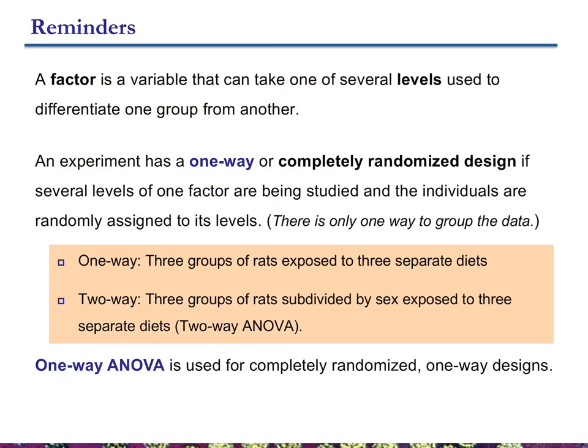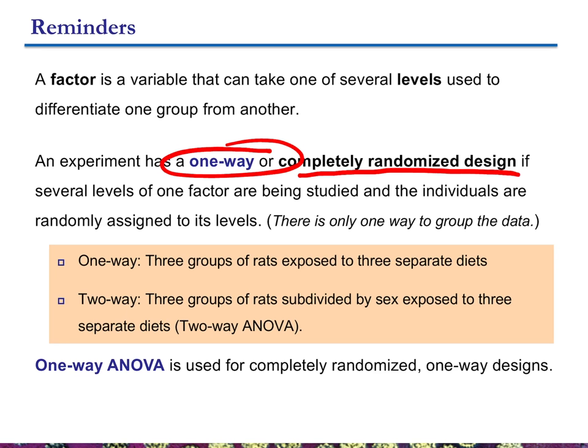So our factor was diet with 3 different levels, okay? In analysis of variance, when you have only a single factor that's split into multiple different levels, then that is referred to as a one-way ANOVA, a one-way analysis of variance. It's also called a completely randomized design, but more often than not, you hear it as a one-way ANOVA, okay?